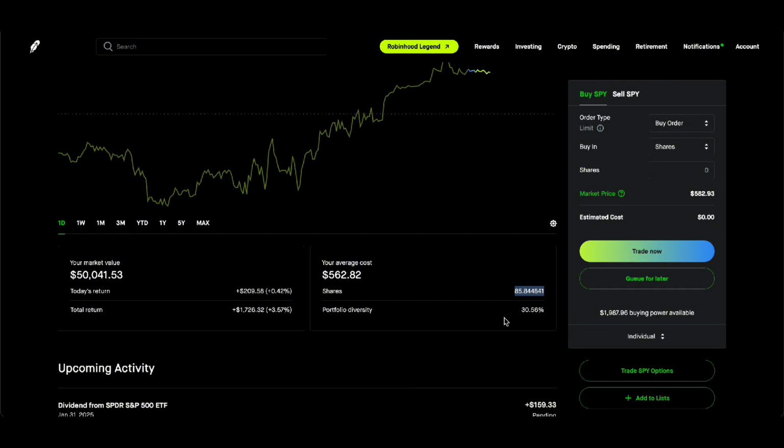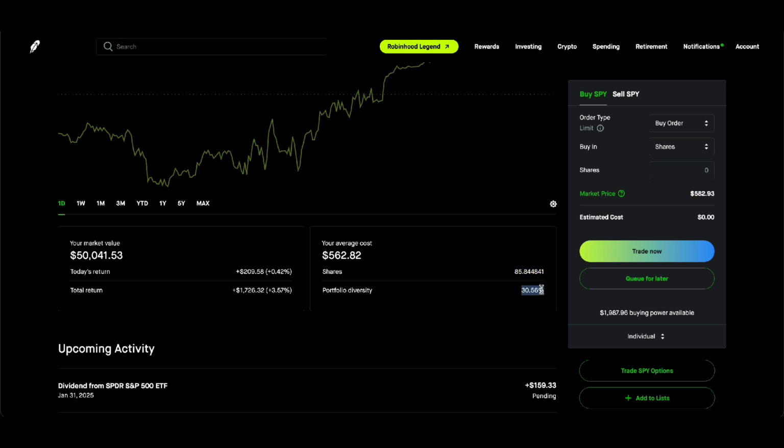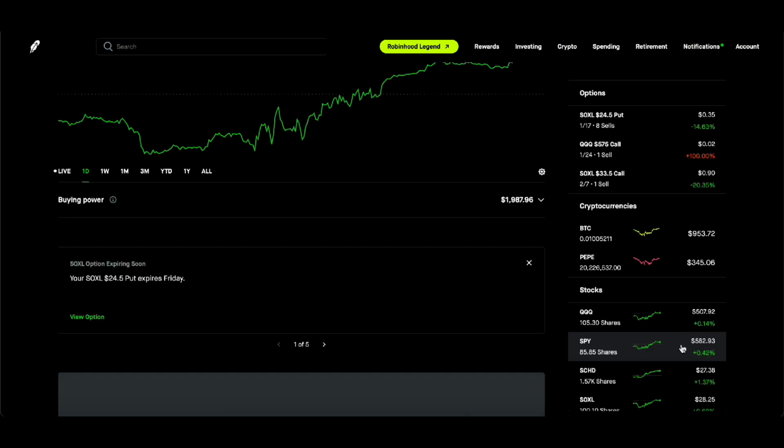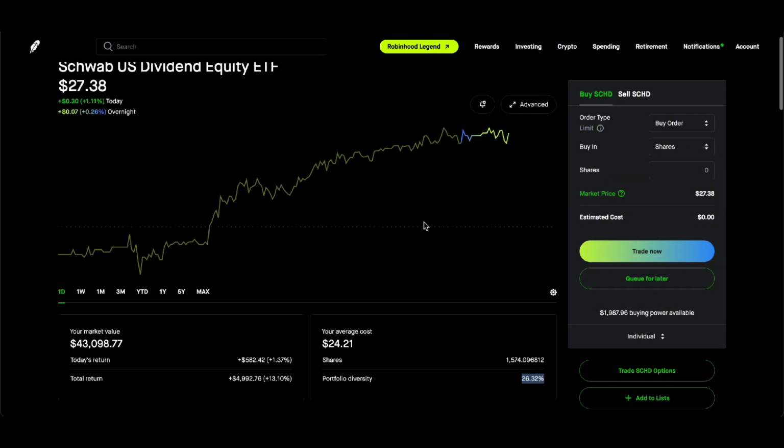That will be the end of investment in SPY from me for at least the foreseeable future. So that'll take it again to 33%. And the last one, SCHD, which currently is at 26%, but initially I invested the same amount, 33% in this, since SCHD has not grown substantially in the last 3 years. That's why its portfolio weight has dropped to 26.32%.